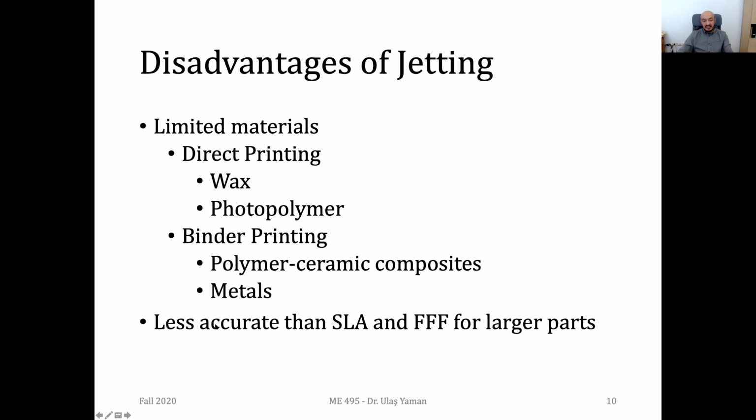And for the general ones, we have companies with higher accuracies than SLA, but most of the material jetting and binder jetting processes have less accuracy than the SLA process.